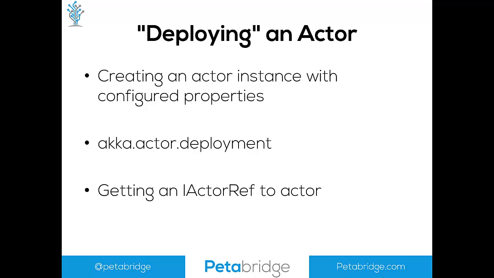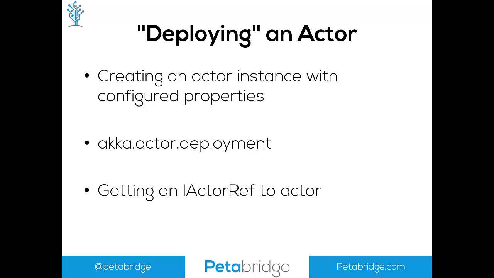And then once the actor instance that you defined has been created, so if you created an actor of type foo, once the foo actor gets initiated and is configured with all of its properties, such as whether or not this actor is running under a router, and what dispatcher this actor is using, and what mailbox it's using, etc. Then you finally get an actor reference to that actor. So the IActorRef class is what we use for holding on to an actor reference.